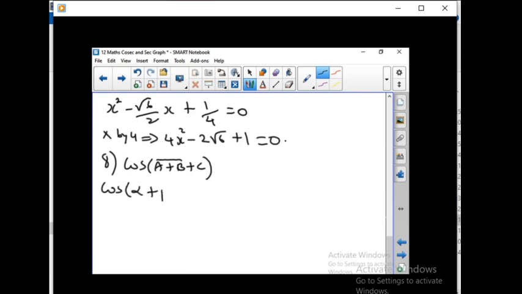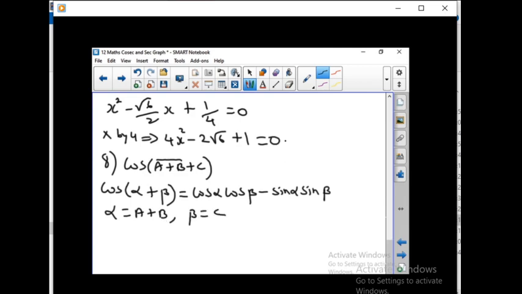So, cos(alpha plus beta) is equal to cos alpha cos beta minus sin alpha sin beta. So, here alpha is equal to a plus b and beta is equal to c.